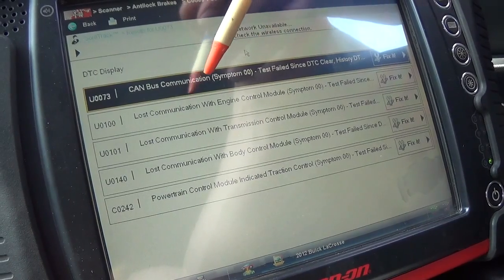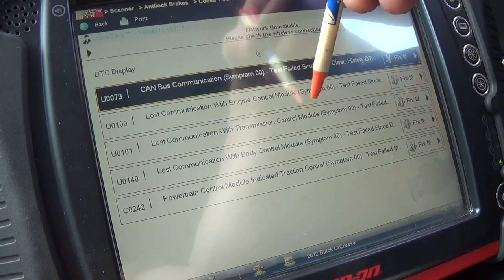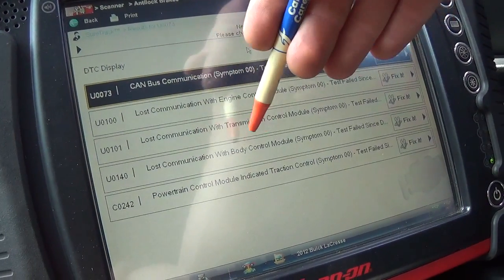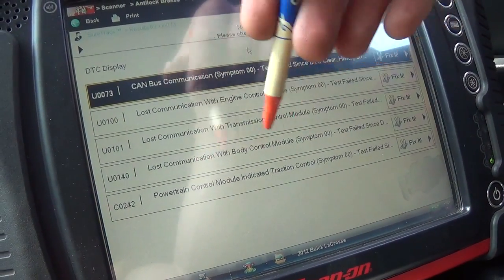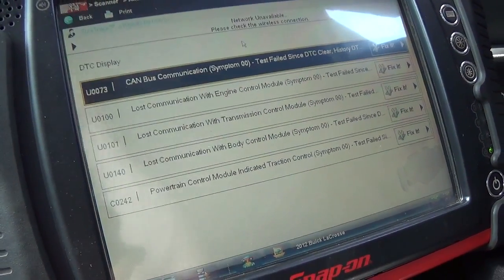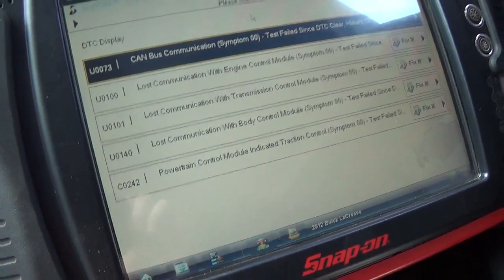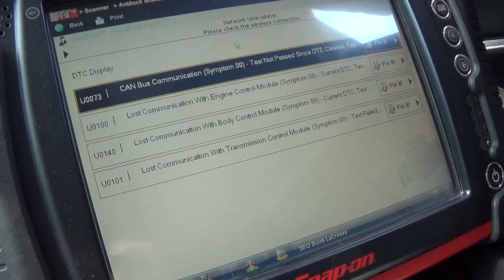CAN bus communication, lost communication, lost communication. So the whole network just went down. Body control module, powertrain control module. So this is actually very interesting. I don't have much experience with communication codes.